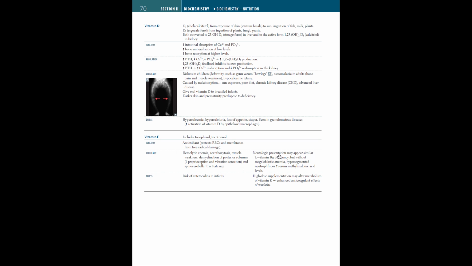Now, the neurological presentation of vitamin E deficiency may appear similar to vitamin B12 deficiency, but without megaloblastic anemia, hypersegmented neutrophils, or increased serum methylmalonic acid levels. Now, excess of vitamin E leads to a risk of enterocolitis in infants. High-dose supplementation may alter metabolism of vitamin K and enhance anticoagulant effects of warfarin.